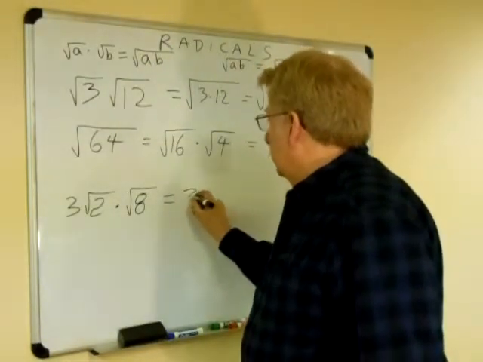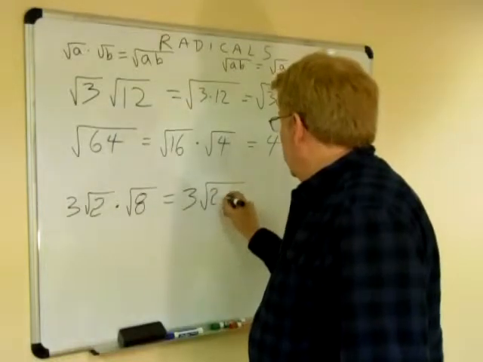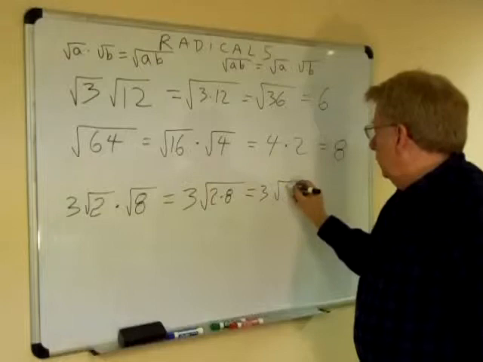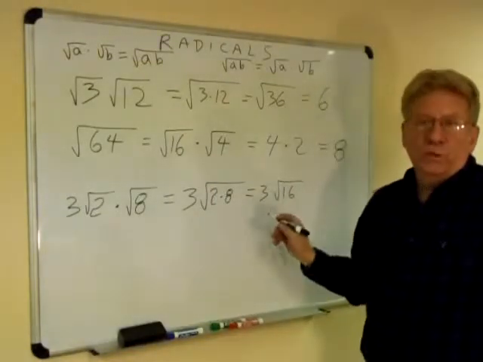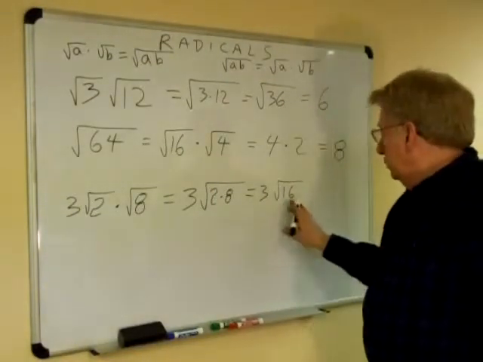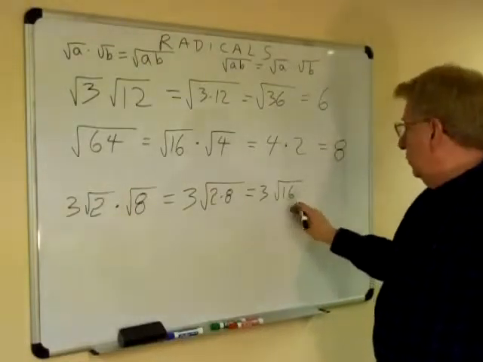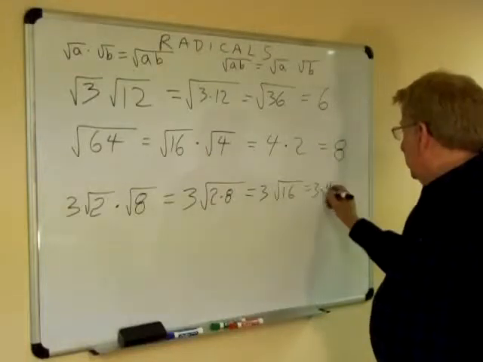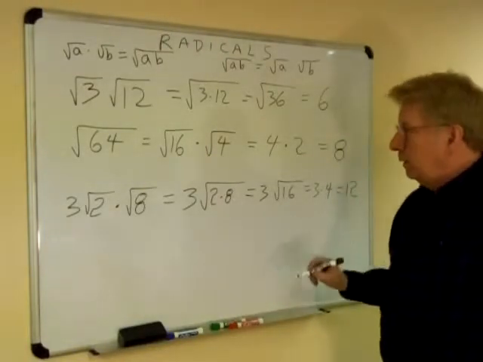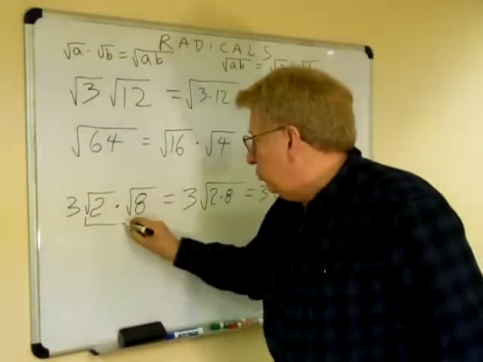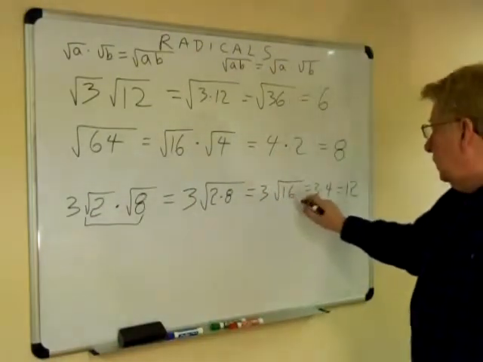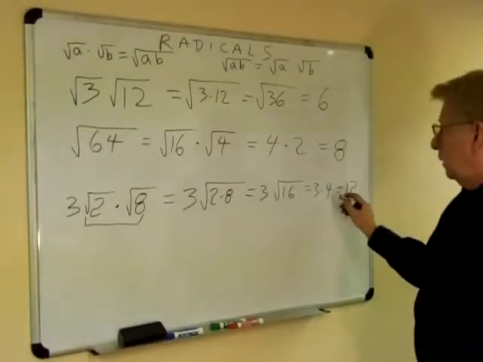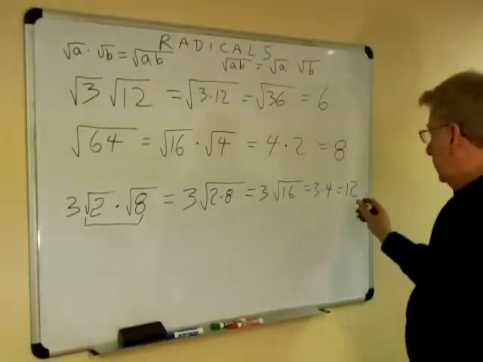So this becomes 3 times the square root of 2 times 8, which is 3 times the square root of 16. 16 is a perfect square, so its square root is 4. So we have 3 times 4, which gives us 12.